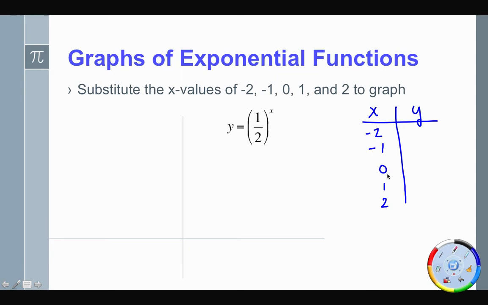All right, when we plug in the value of 0, 1/2 to the power of 0 is 1. And since our initial value is also 1, that makes sense. We're going to do the scratch breakdown here again. 1/2 to the power of 1, well, that's just 1/2 because that's what the exponent of 1 means.